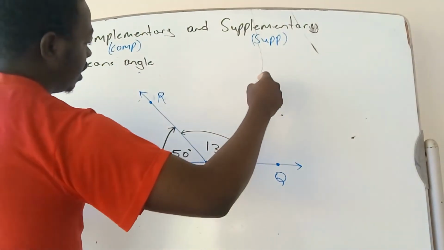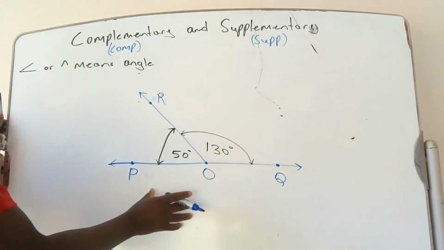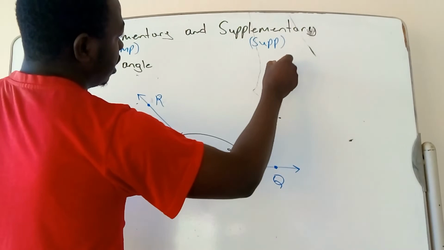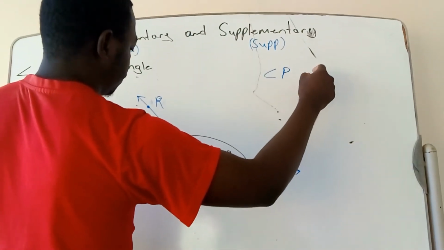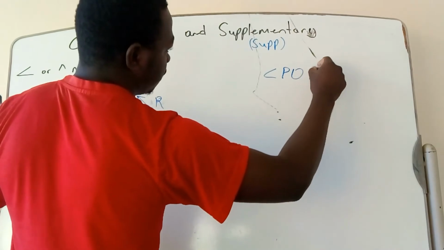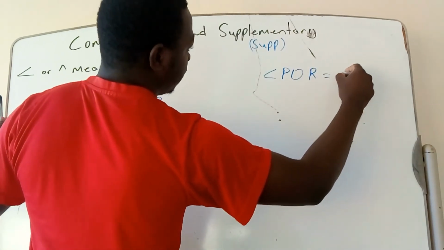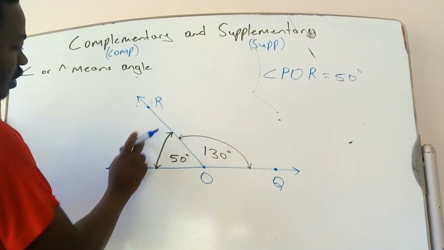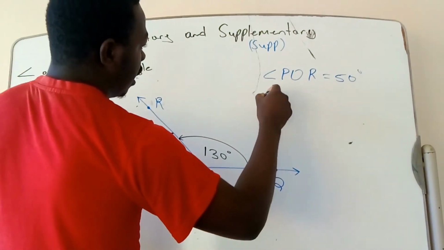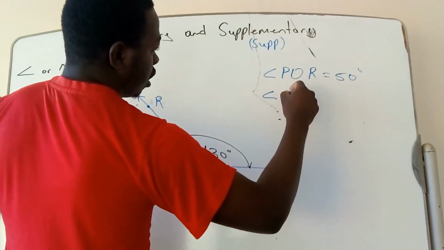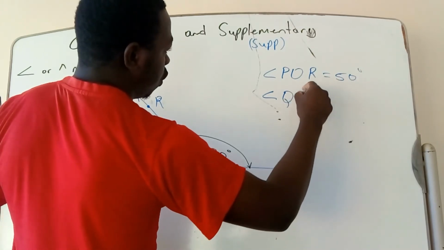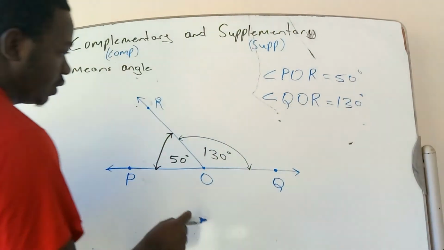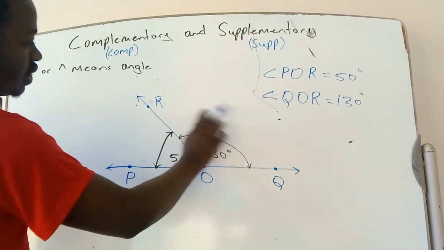And let's write down all the information here, because there is something interesting happening again. Now, you can see that angle POR is equal to 50 degrees. And let me highlight that angle POR, which is here, 50 degrees. Also, angle QOR is equal to 130 degrees, which is this angle here.